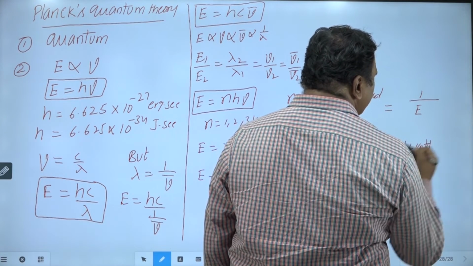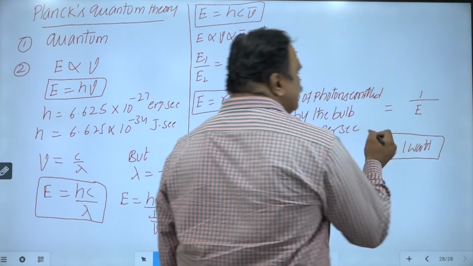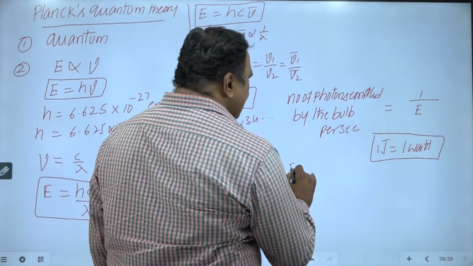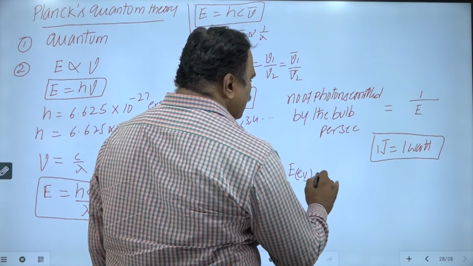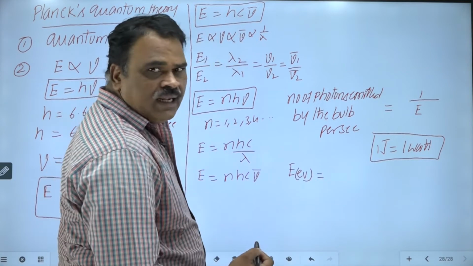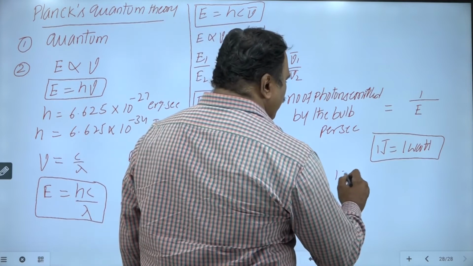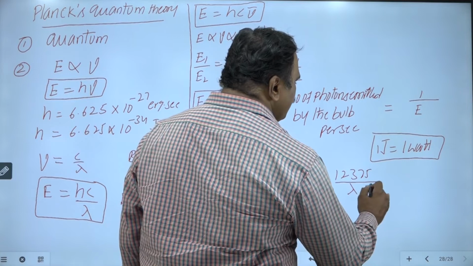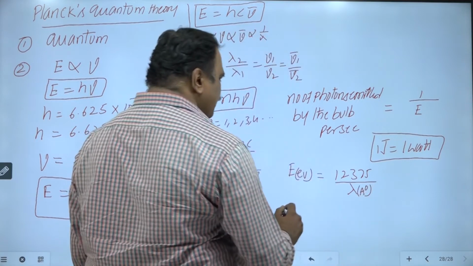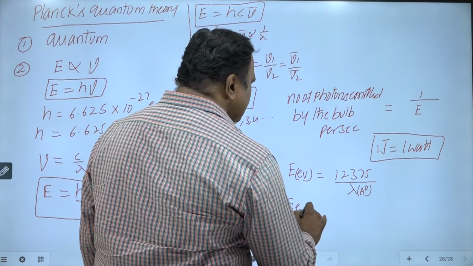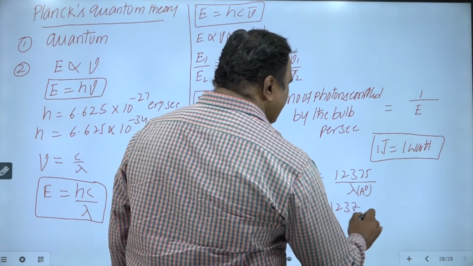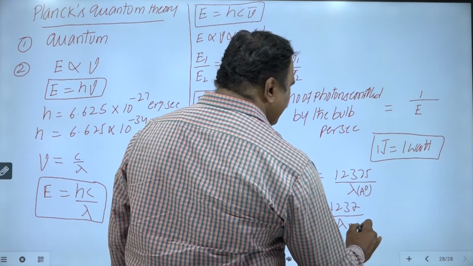You have to remember that. We have to calculate energy in electron volt. Important formulas: energy in electron volt is 12375 divided by wavelength in angstrom units, or 1237 divided by wavelength in nanometer.